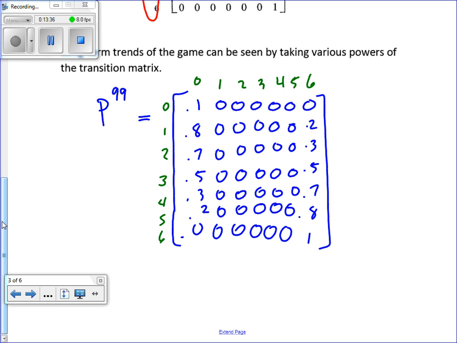Probability of starting with $1 and ending with 0 would be 0.8, and winning all the money would be 0.2, and so forth. So you can see that as we go through the game multiple times, 99 times, we're going to end up either winning or losing. So that's how we do an estimation.